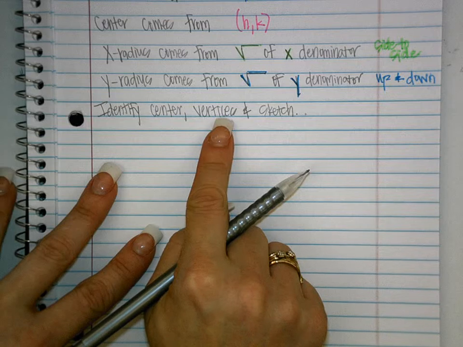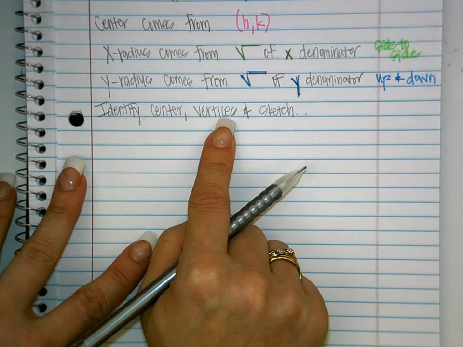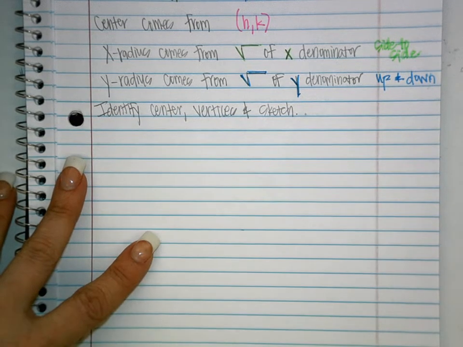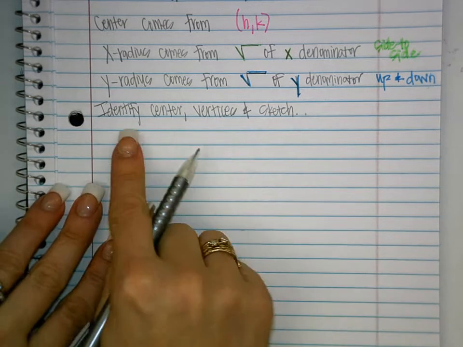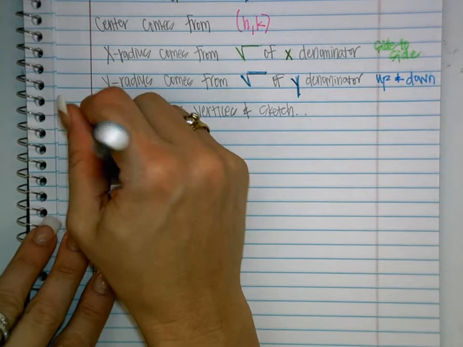Okay? This is the plural of a vertex. Are there any vertices or edges of a circle? No, because it's round. Okay, so you can't tell me which are the edges because it would be everywhere. Here we are going to have two different vertices. Okay, and you'll see where we get them in just a second.